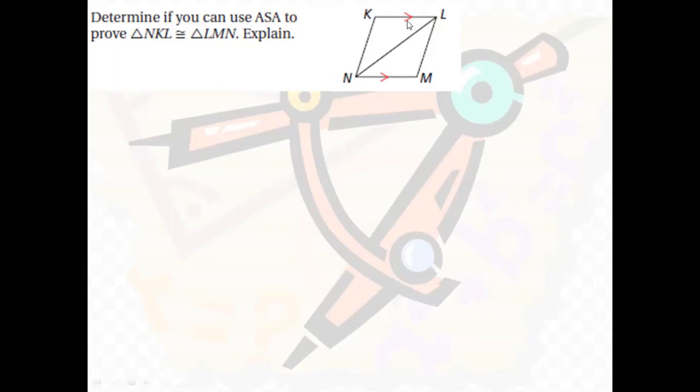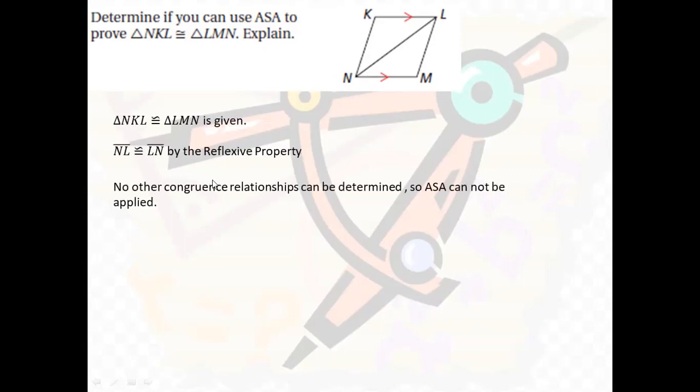That's all they gave. They did not give us any other sides being equal. Even if we say KL is equal to NM, we need two angles, and they have not given any angles. The only one we can derive ourselves is LN equal to LN because of the reflexive property. Other than that, we have no information.